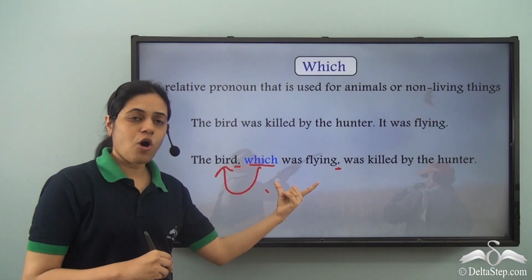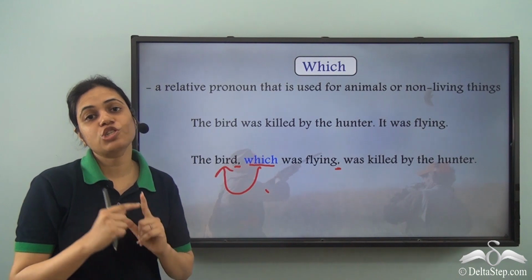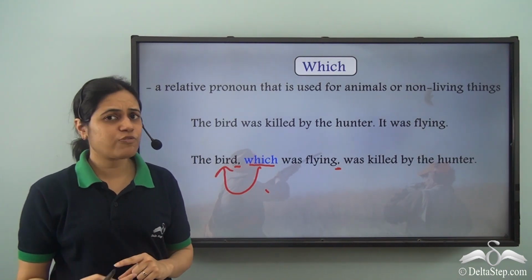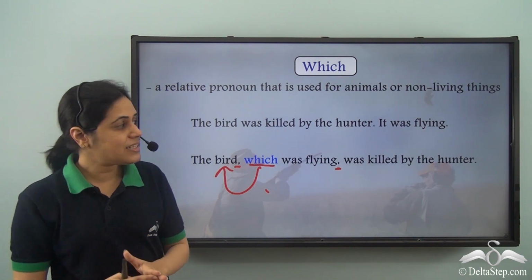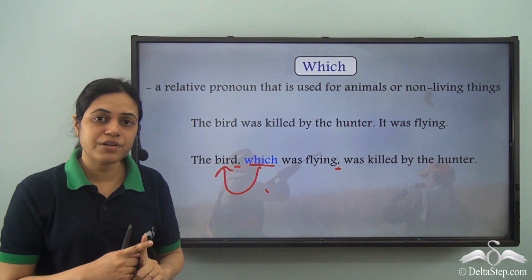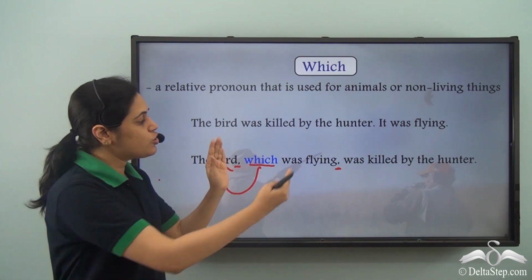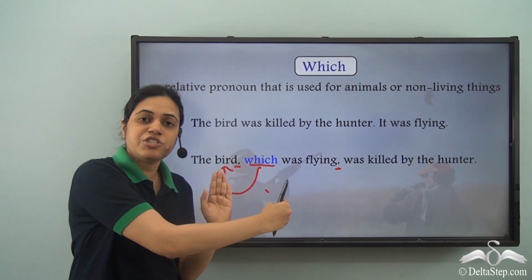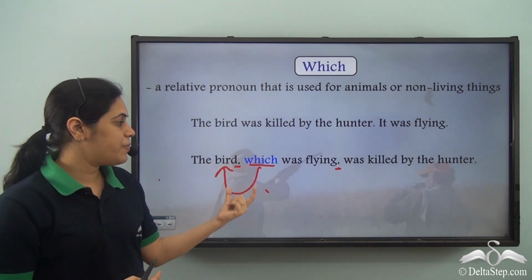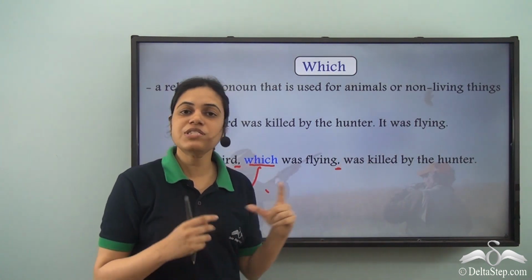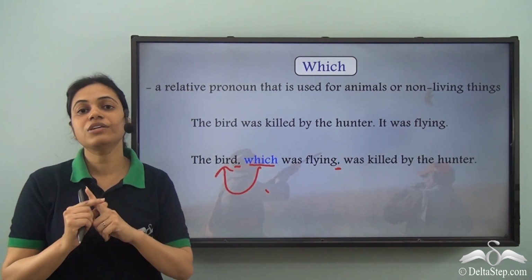So when we use comma, it means that this information which was flying is not very important. It is a secondary information. That is, there is only one bird which was flying and it was killed by the hunter. So even if we don't give this information, the sentence makes complete sense. So I can use which along with commas.